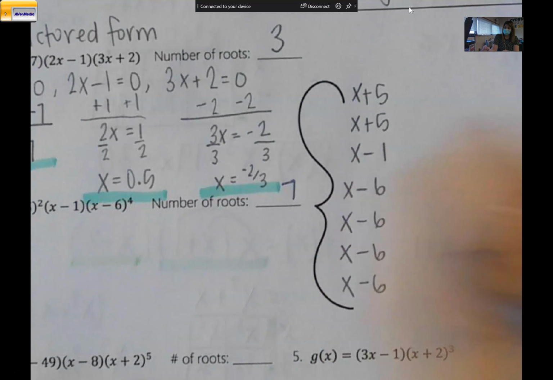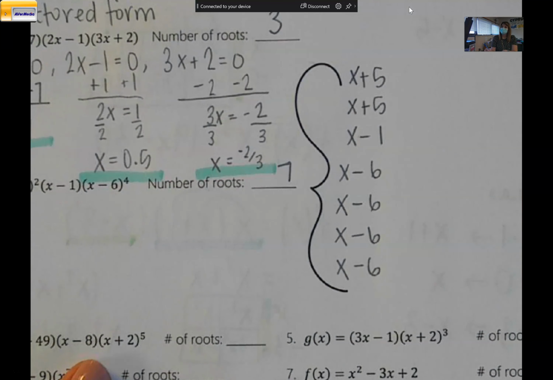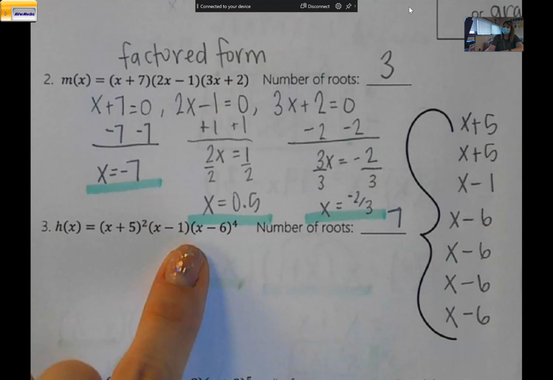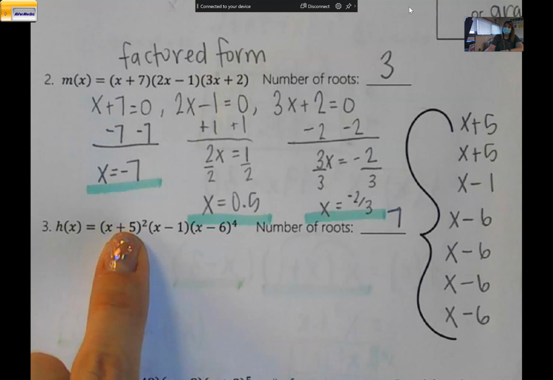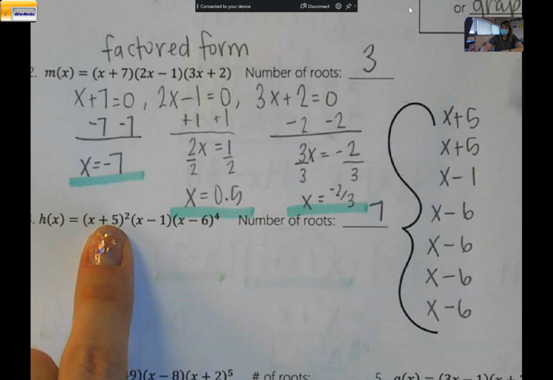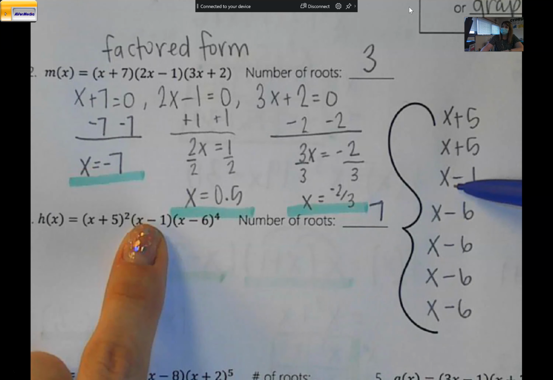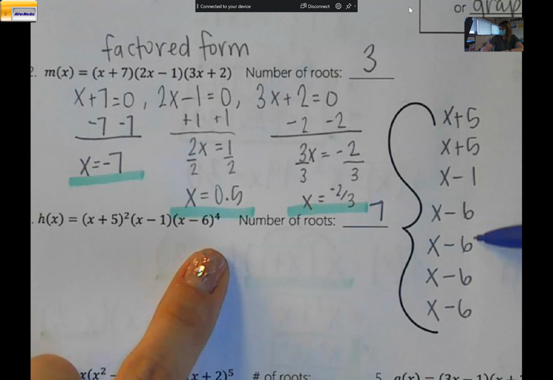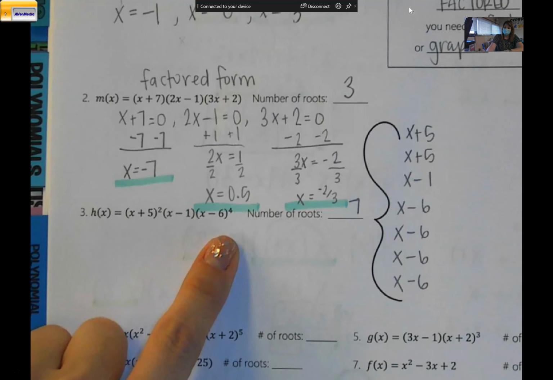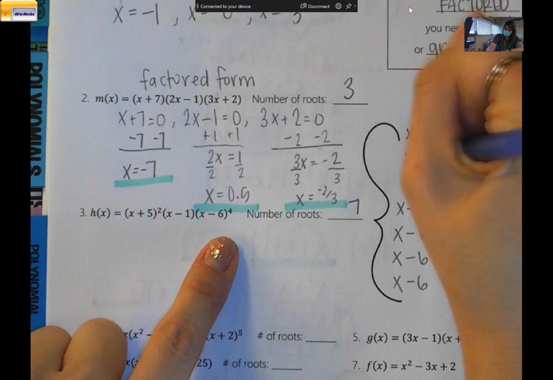Whoa. So compare that to the polynomial and see if it makes sense to you. We have x plus 5 squared, so we have 2 of those, x minus 1, and then x minus 6 to the 4th, so we have 4 of those. Oh. Do you see what happened there?